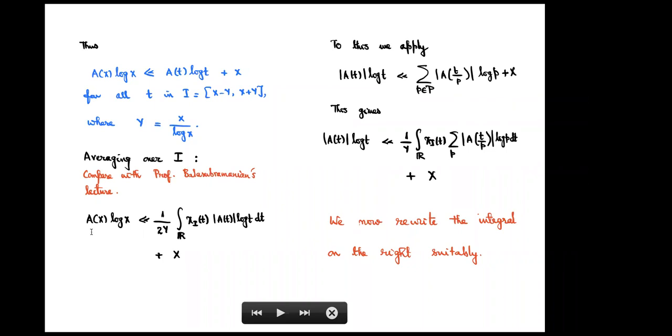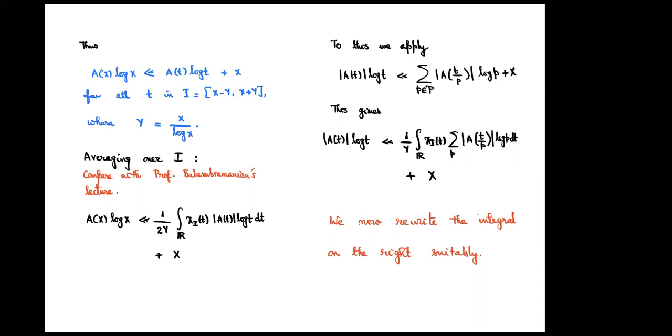Again, by such averaging, and Professor Balasubramanian could have shown you that in fact you can do in certain situations multiple averaging and gain substantially by the process. So that is what is done in his method. Okay, but here we just average once, and you get that ax log x is less than the mean of at log t over this interval plus x.